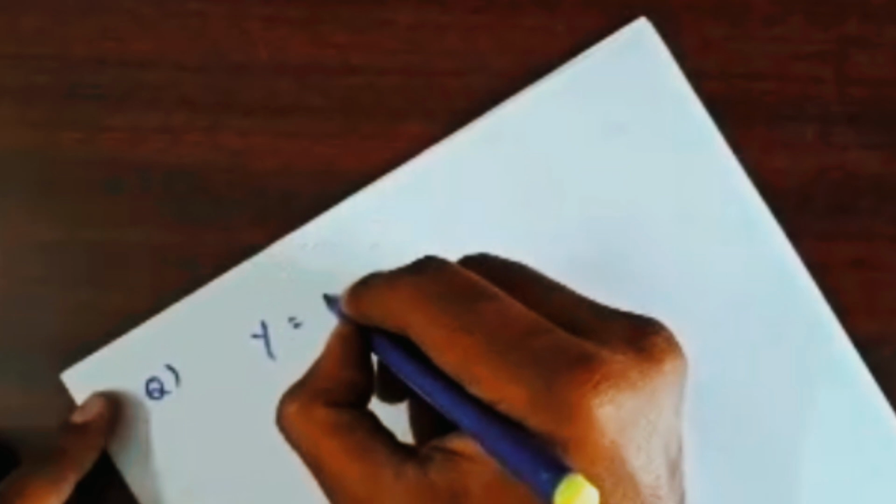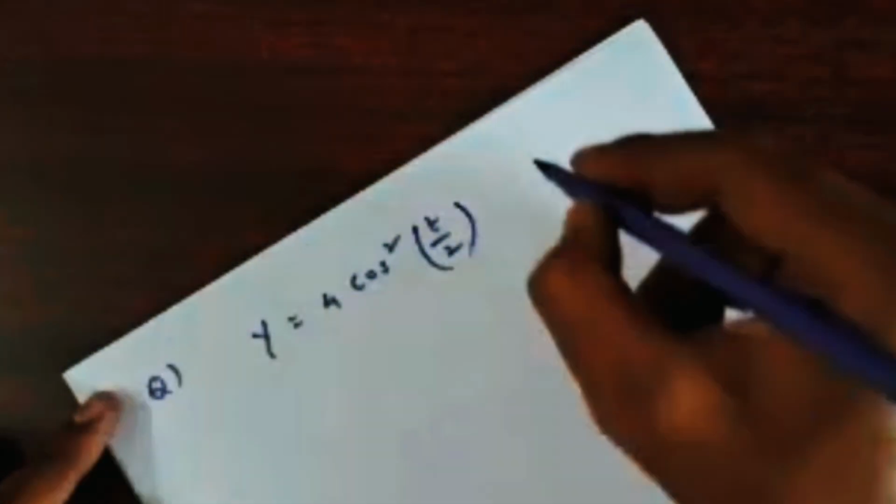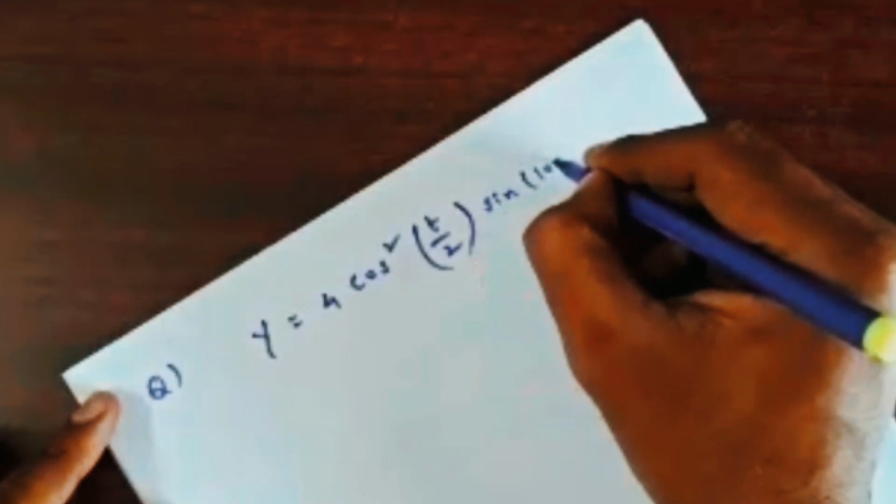I'm taking another problem. The displacement of a particle executing periodic motion is given by y is equal to 4 cos square (t by 2) sine of 1000 t.